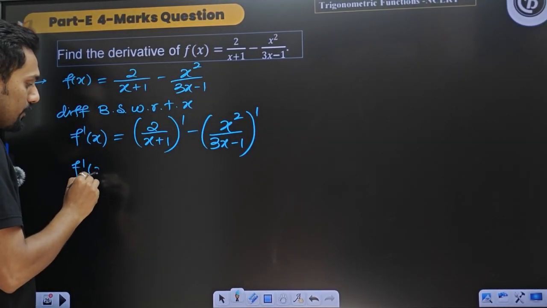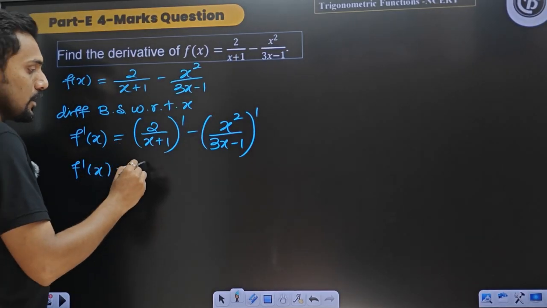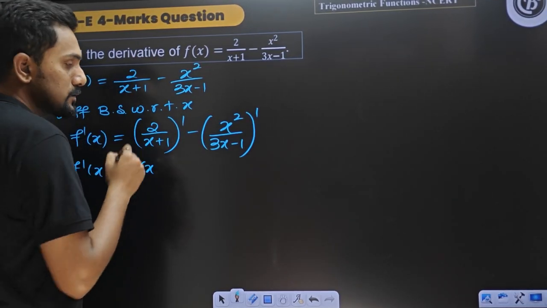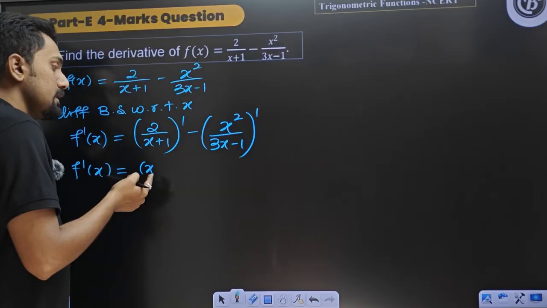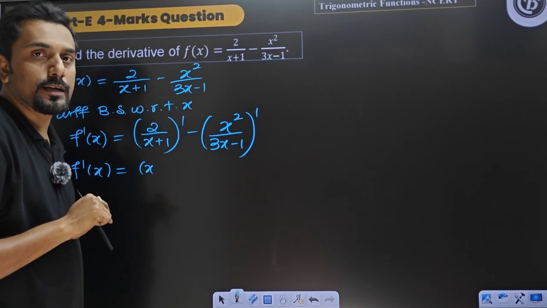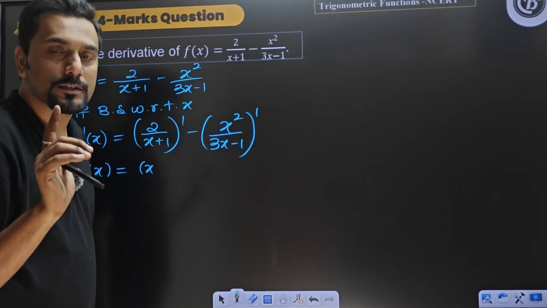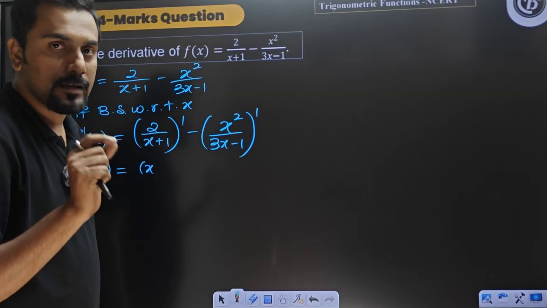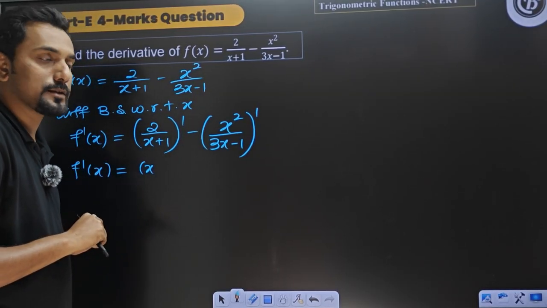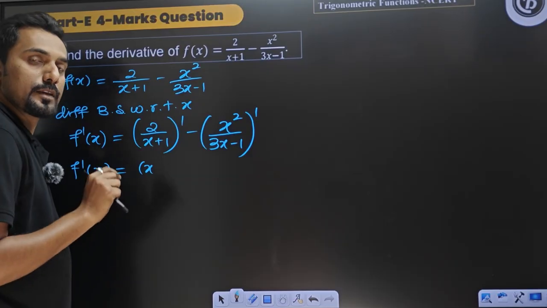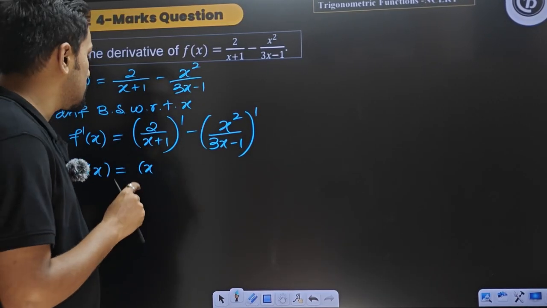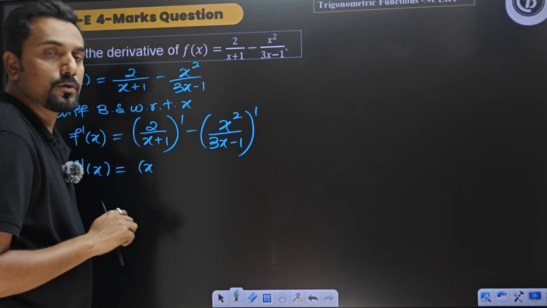Then f dash of x is equal to denominator as it is. Can we use the quotient rule here? See, there is one more easiest method, the chain rule. We do not teach that in first PUC and that is not there in your first PUC syllabus. For that reason, until you learn the chain rule you have to use the quotient rule.